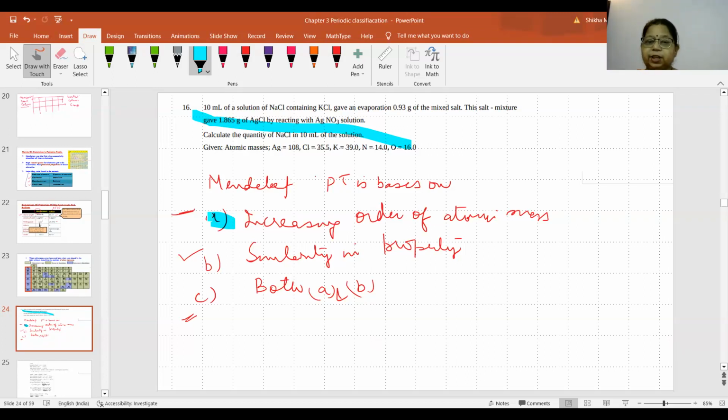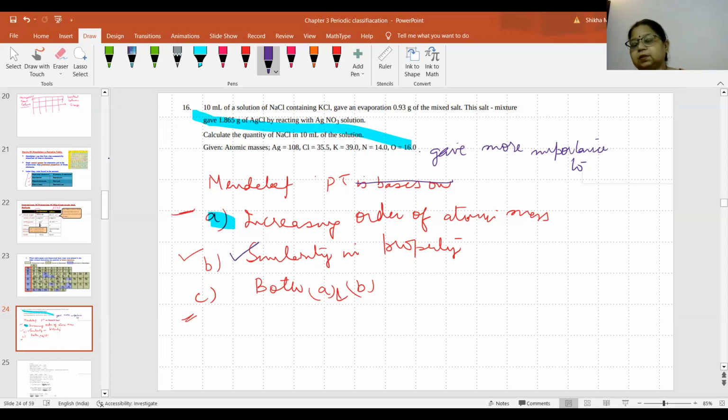But if I change the stem of the question and rephrase it, instead of that, as Mendeleev's periodic table gave more importance to, then the correct answer becomes similarity in properties.